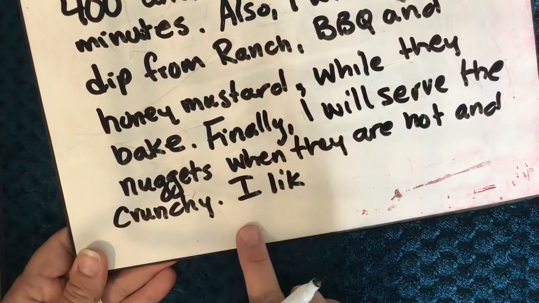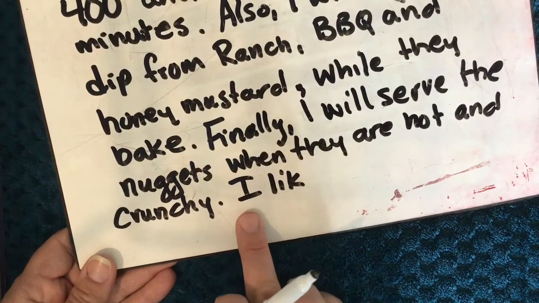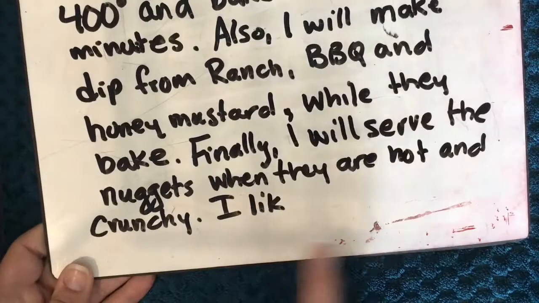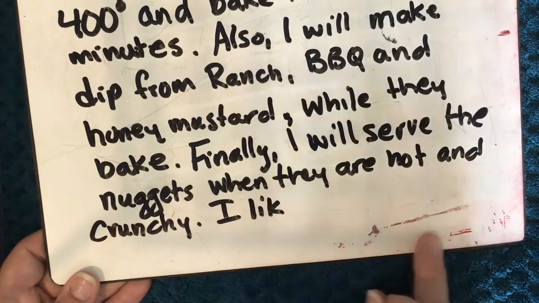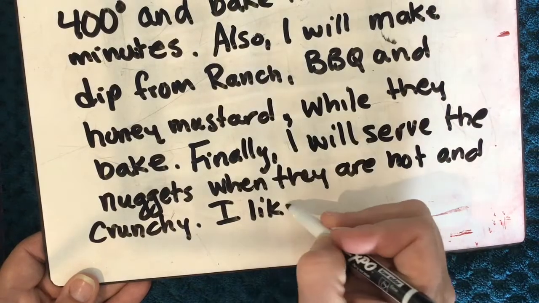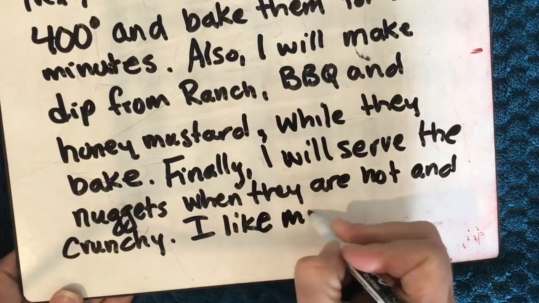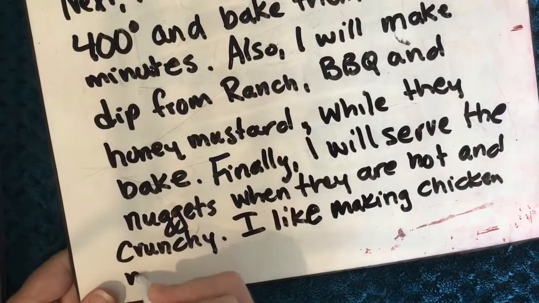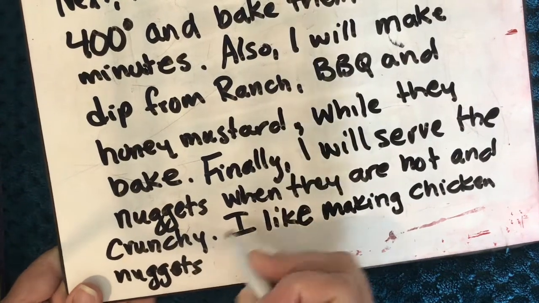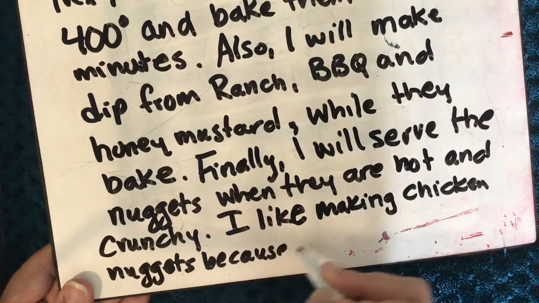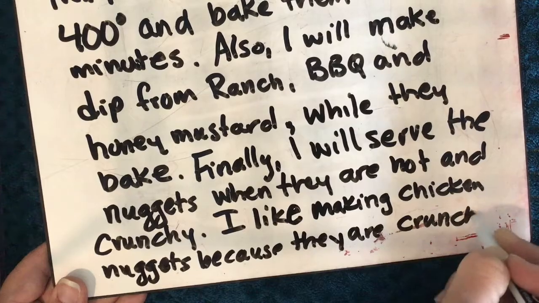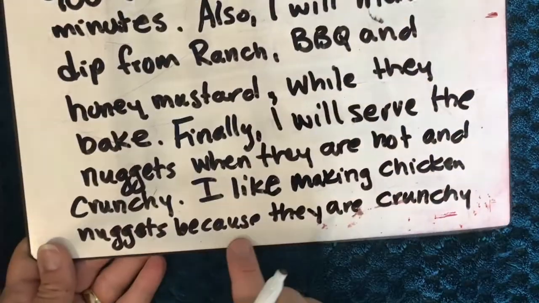Oh, I should have told you before I started. Okay, that is all the steps. I want to say that I like them, and I'm going to use that for part of my conclusion. I have my introduction: my favorite quarantine recipe is chicken nuggets. My conclusion is going to be, I like making chicken nuggets, and then I'm going to say why. I like making chicken nuggets because they are crunchy, and I'm out of room, so I'm just going to use this right down here.